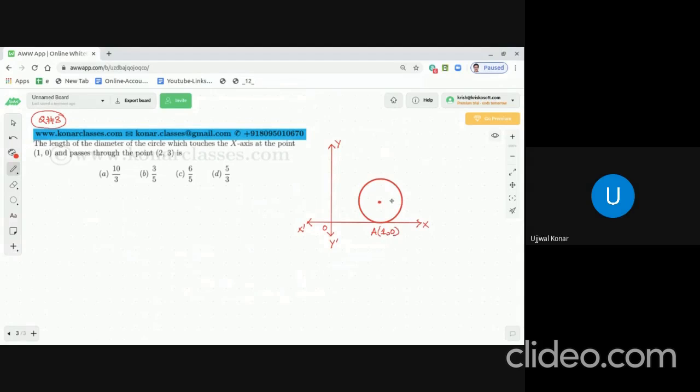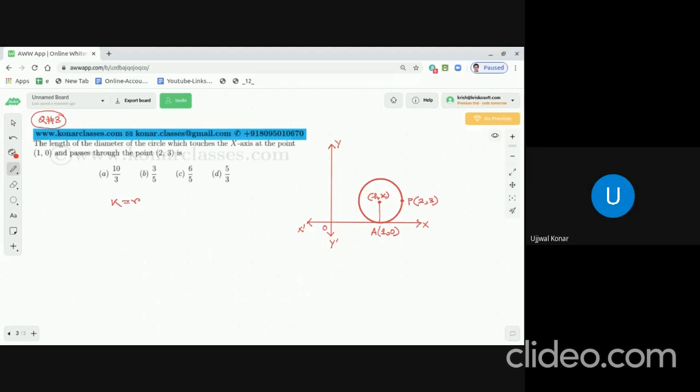And maybe here it is the point 2, 3. It may not be exactly accurate with respect to the coordinates, but we can see it is 2, 3. Now, we consider the coordinates of the center B as the point H, K. Then what we can say is that definitely K is going to be the radius of the circle R.